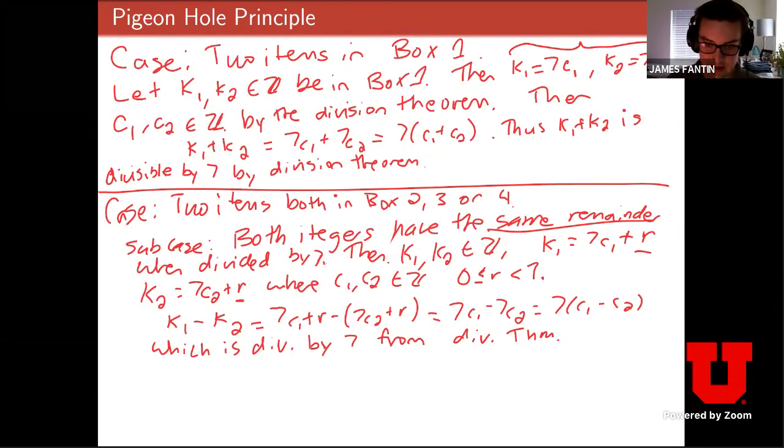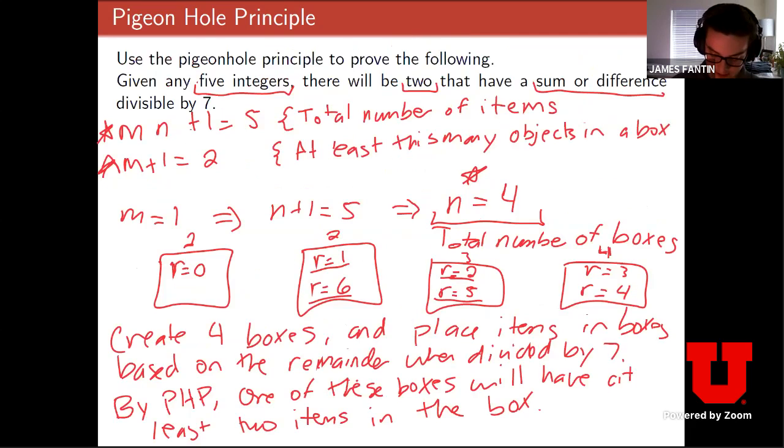Somebody asked, why do the first case with 0 if it also fits this case? That's a really good question. Couldn't we have stuck case 1 down in here? And the answer is no, and that's where we get to the second subcase that is unique to boxes 2, 3, 4. If we look at boxes 2, 3, and 4, what's unique about them is that there are two possible remainders in each box: 1 and 6, 2 and 5, 3 and 4.